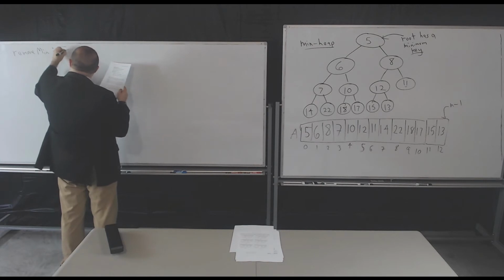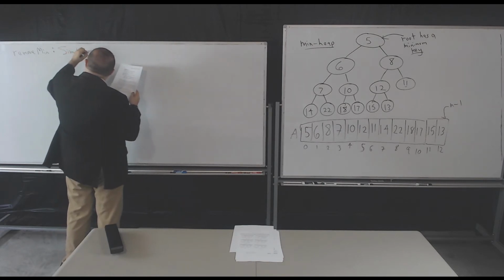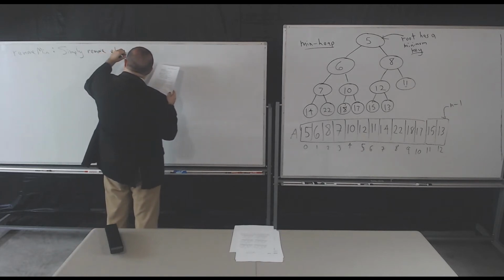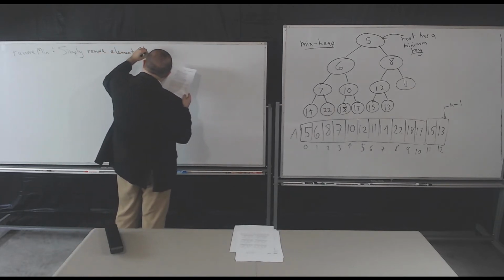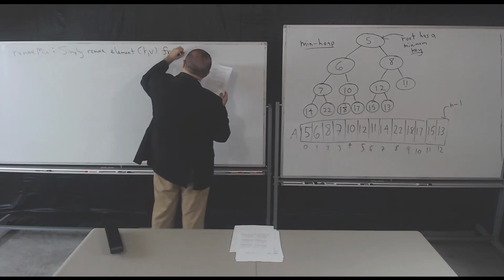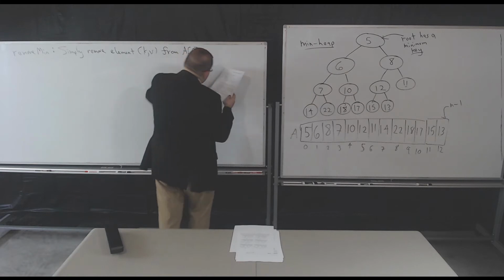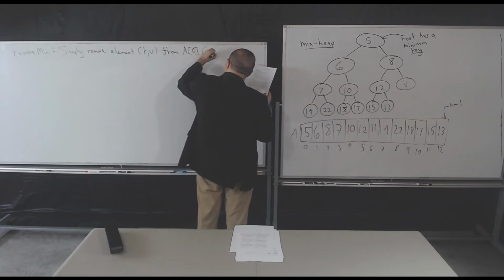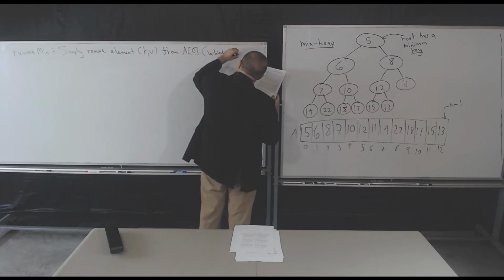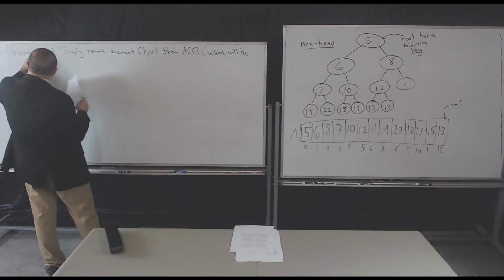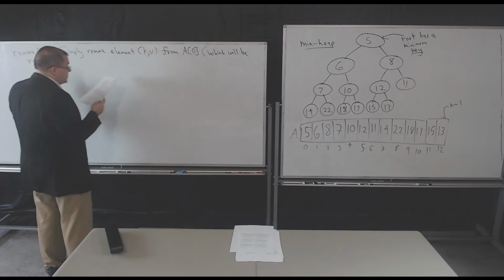So simply remove element KB from A sub 0, which upon completion will be returned. So that's what we're going to do eventually.